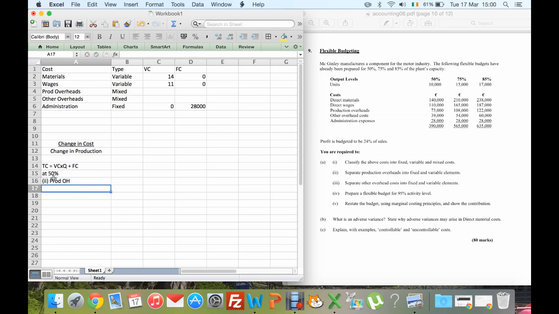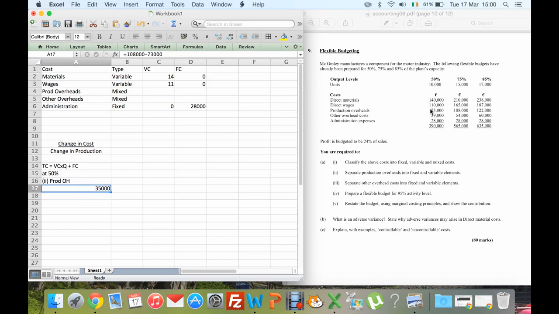So to separate them, I need to get the variable element first by using the first formula. So the cost goes from 73 to 108. So that's an increase of 25. Is that it? So no, it's not. So I'll just quickly check that. So we have 108 minus 73, 35.